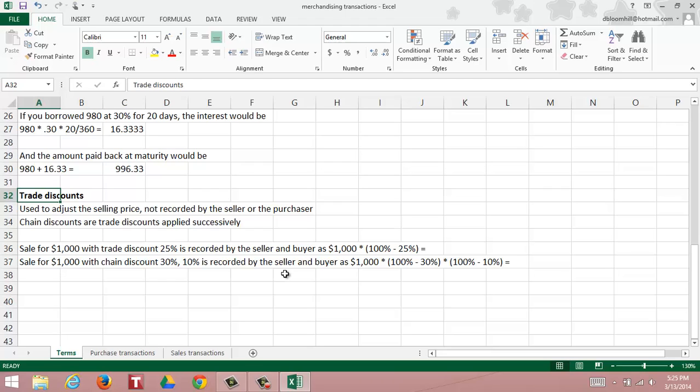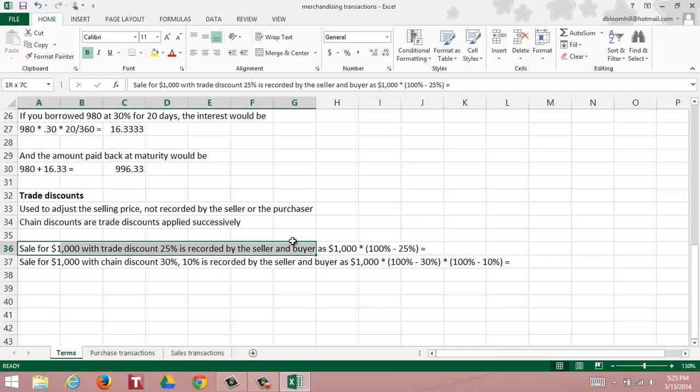A chain discount is just a trade discount applied successively. So let's say you had a sale that had a list price of $1,000 with a trade discount of 25%. Neither the seller nor the buyer would ever record the $1,000 because it was never sold or purchased at that price.